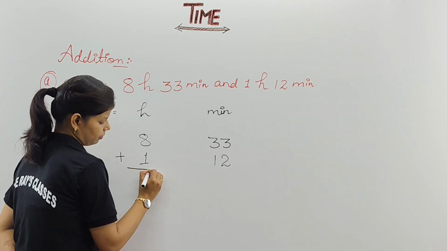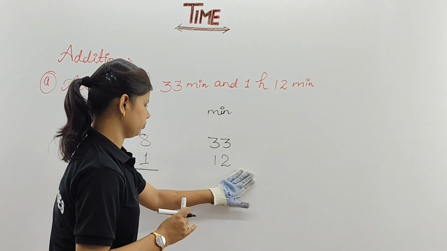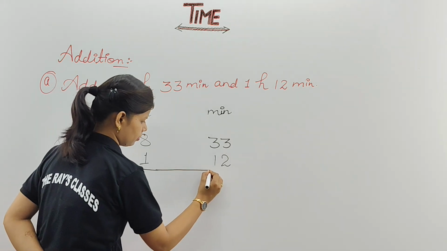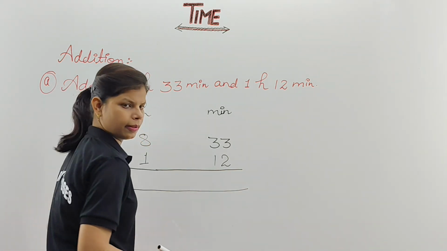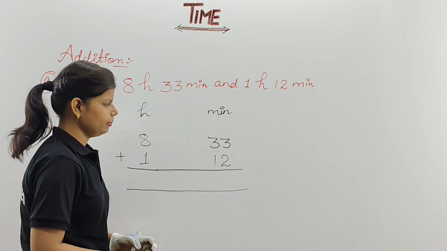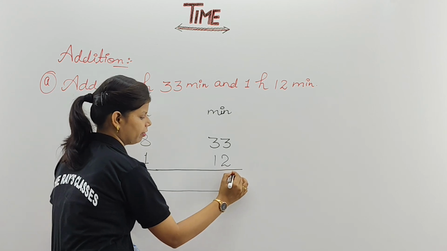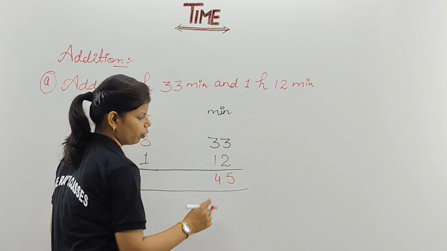Now add it. When you are going to add that one, then what you will get in that case? Do you have any guess for the answer? Fine. Now add it. 3, 2, we are having 5. 3 and 1 we are having 4.